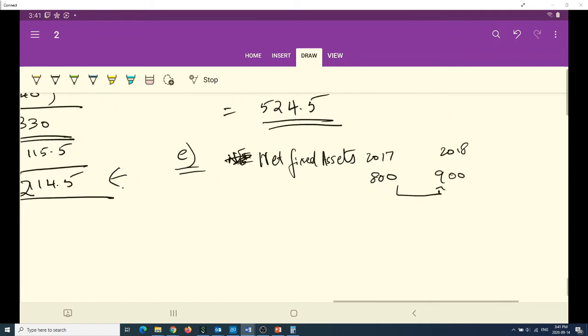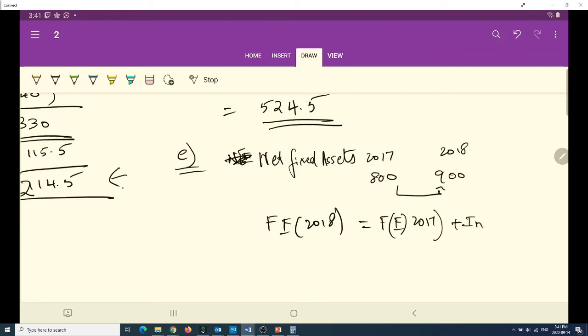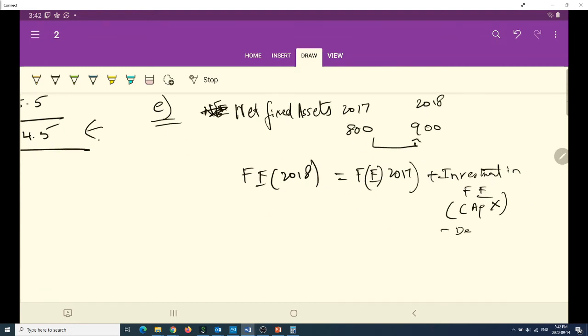So when you think about fixed assets in one year, it's going to be the fixed assets in 2017, plus investment in fixed assets, or you could also call this capital expenditure, and you subtract out depreciation.